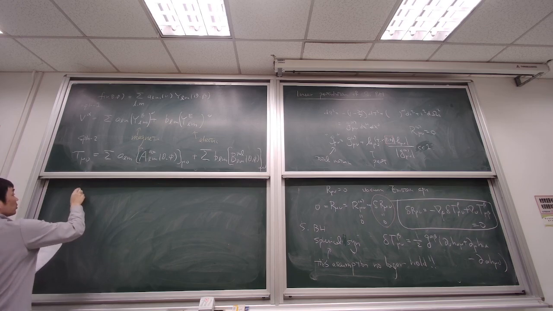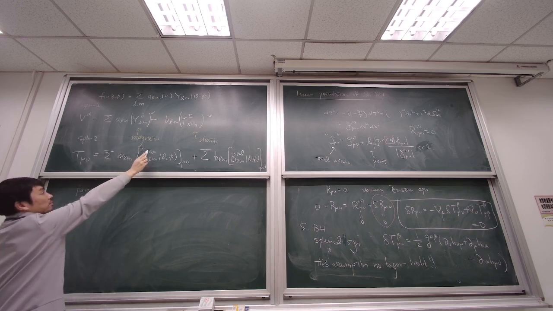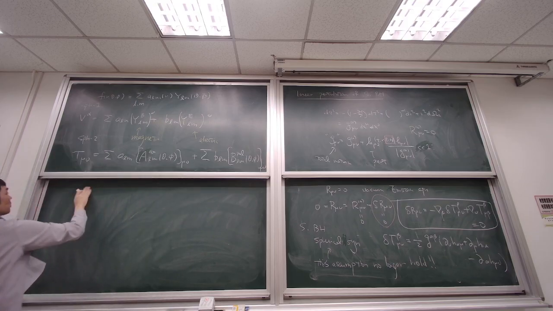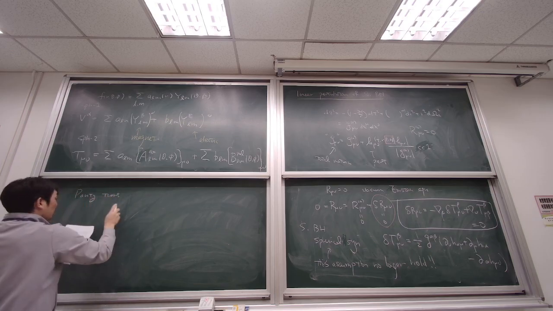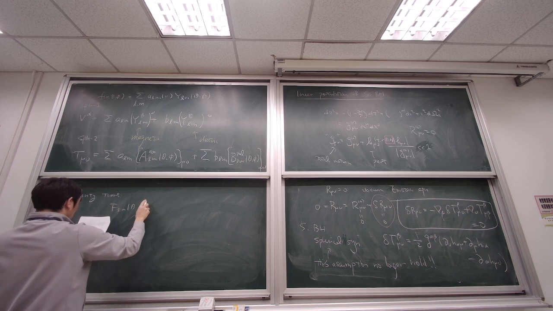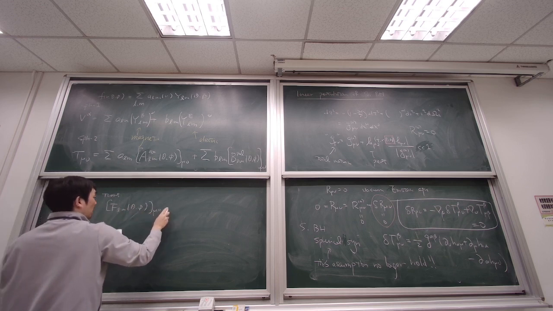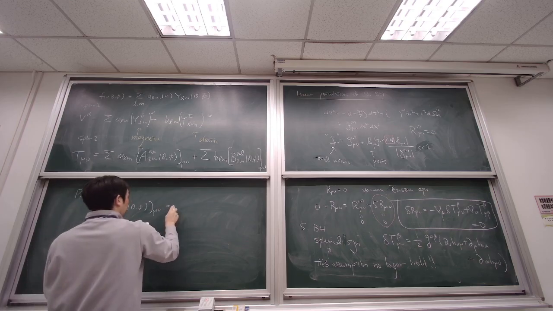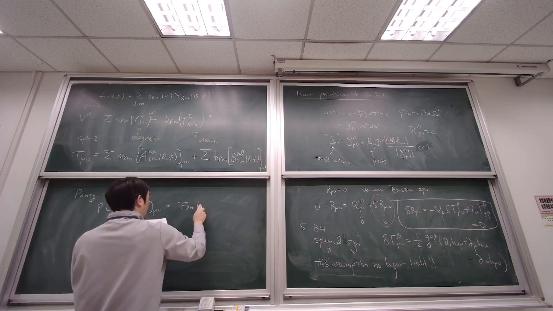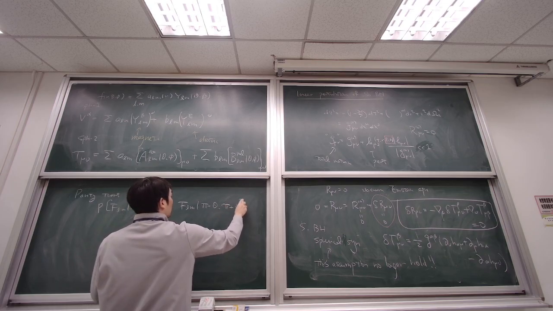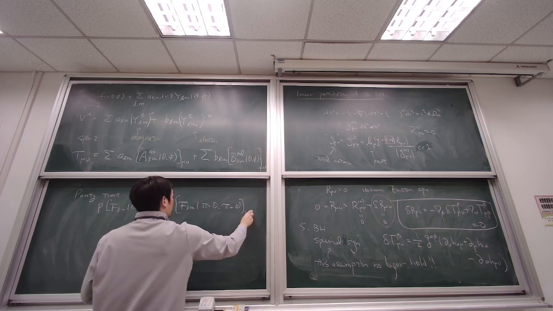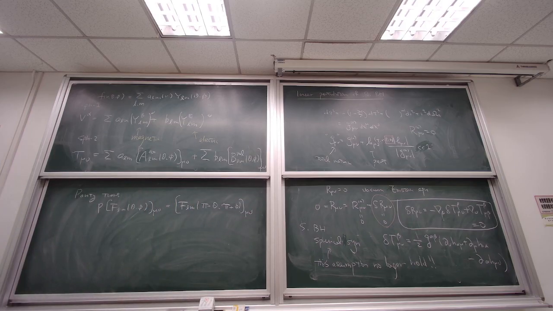To define the meaning of axial and polar, you have to consider parity transformation, which is just F_LM(theta, phi)_mu nu being mapped to F_LM(pi minus theta, pi plus phi)_mu nu. So this is the parity transformation one can consider.